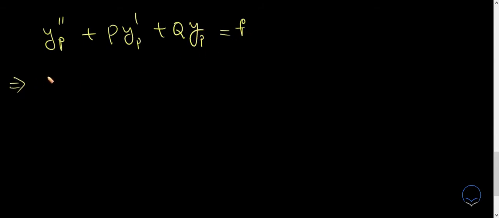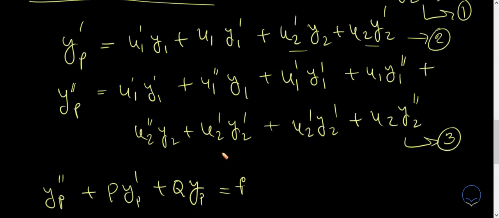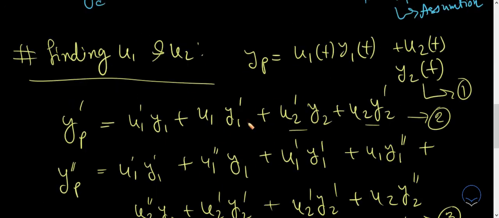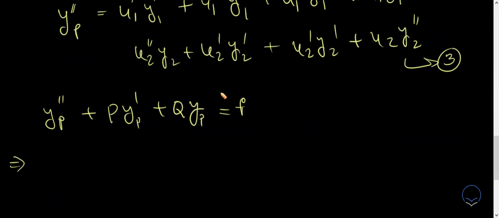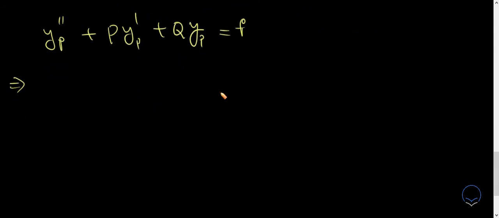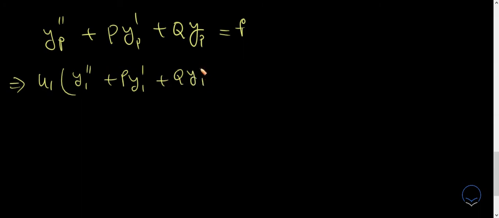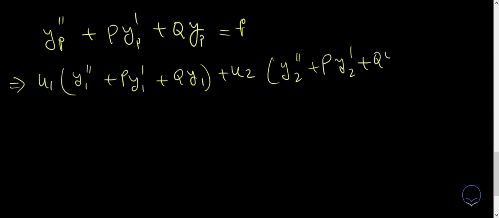Now if you write things down from equation 3, equation 2 and equation 1 and collect all the terms, you will have u1 times (y1 double prime plus p y1 prime plus q y1), then you will have u2 times (y2 double prime plus p y2 prime plus q y2).